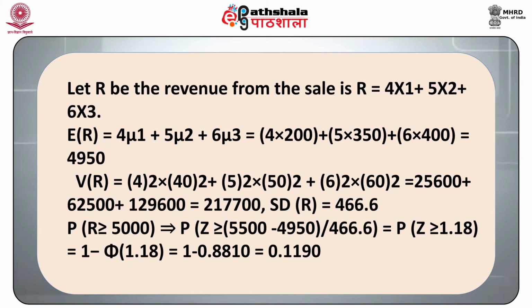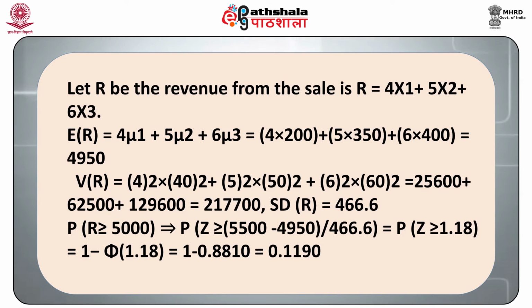VR is equal to 4 square into 40 square plus 5 square into 50 square plus 6 square into 60 square, which is equal to 25,600 plus 62,500 plus 1,29,600, which is equal to 2,17,700, and the standard deviation of R is equal to 466.6.